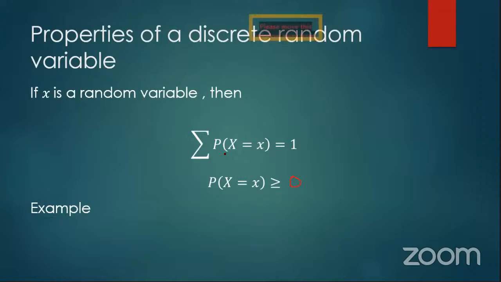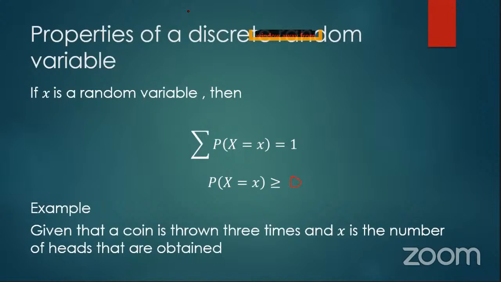With these two properties, we shall be able to solve some problems that involve finding constants and also finding probabilities.